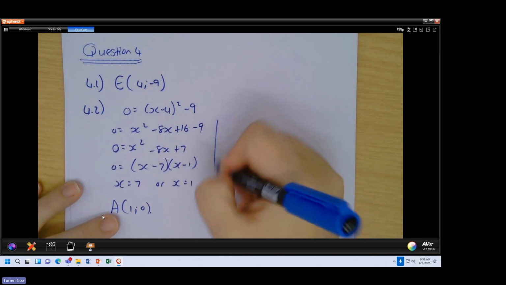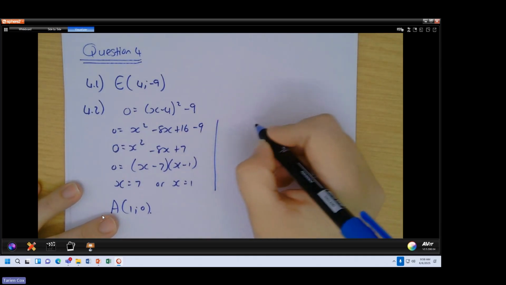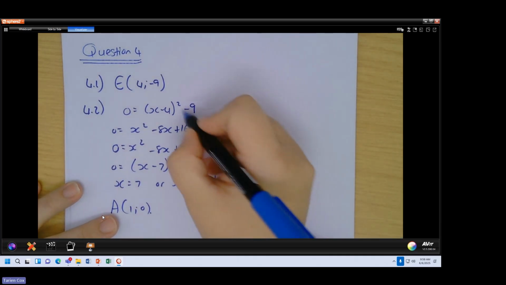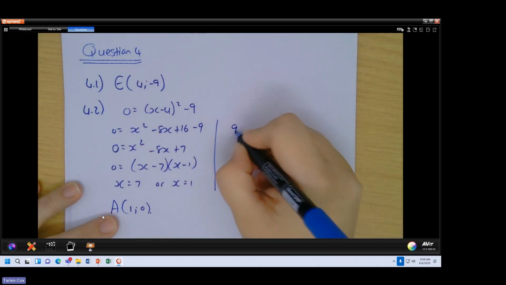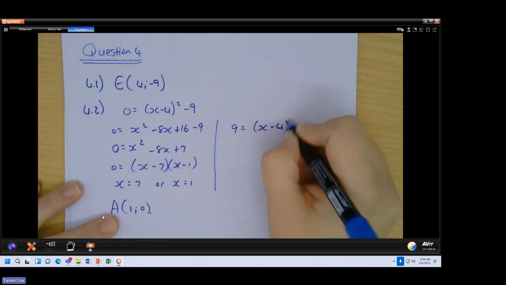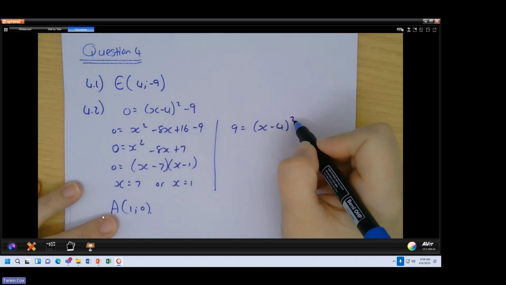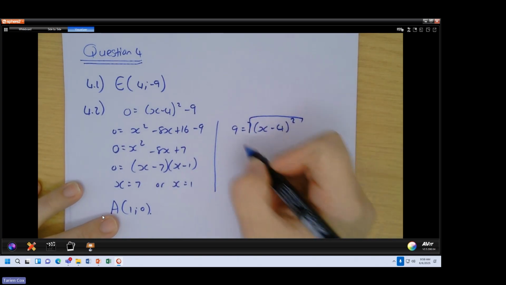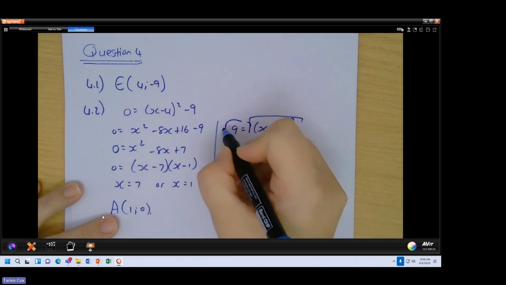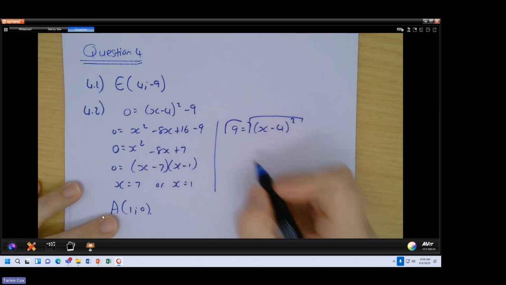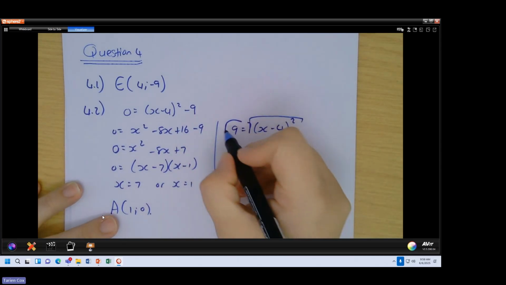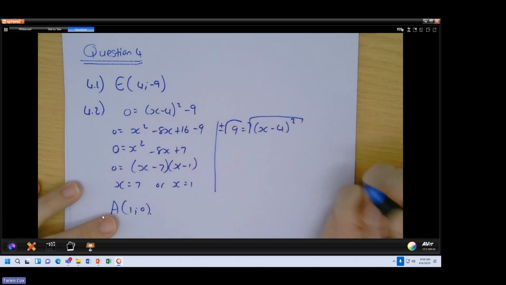Or alternatively, I just want to show you, this would have been my preferred method. I take this negative 9 across to the other side. So that will be then 9 is equal to x minus 4 squared. To get rid of the square, I need to square root. But what I do then is I can't throw away one of my answers. I know I have to have two answers because x is to the power of 2. Remember, we learned that yesterday. So I can just say plus and minus here.